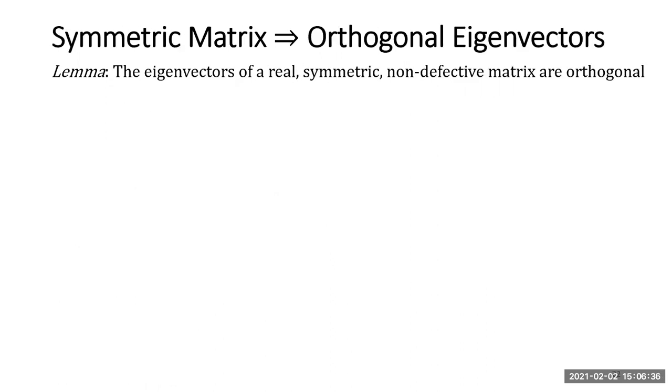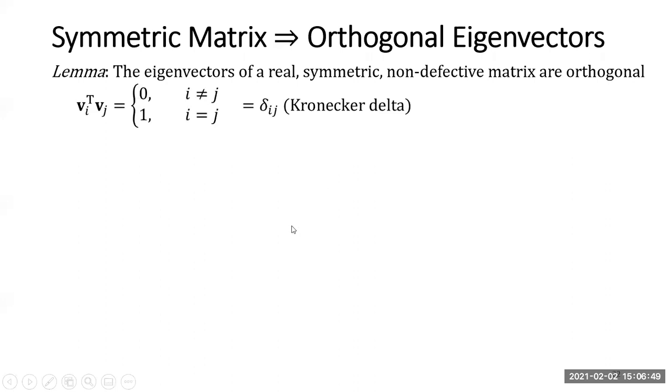Okay. So next lemma, the eigenvectors of a real symmetric non-defective matrix are mutually orthogonal. This is very important. When we do spectral decomposition, this will come into play. In other words, now you also know that we normally try to normalize the eigenvectors so that the Euclidean norms are all 1, right?